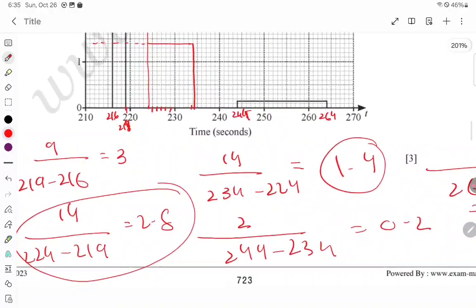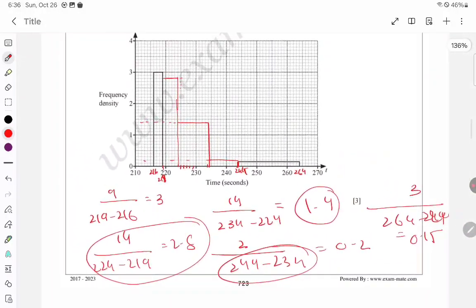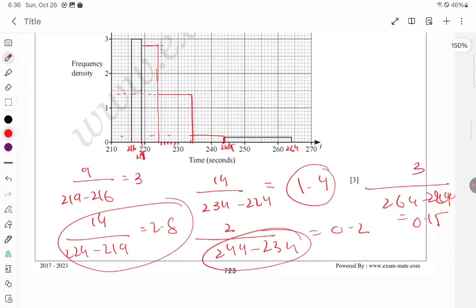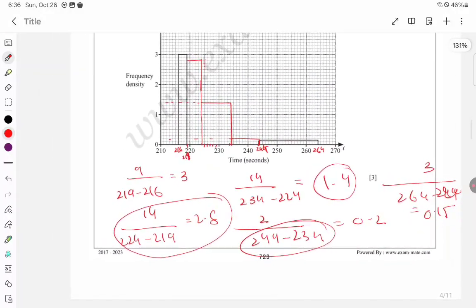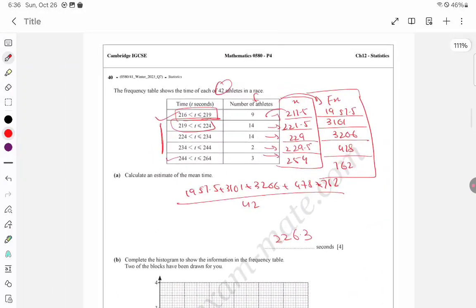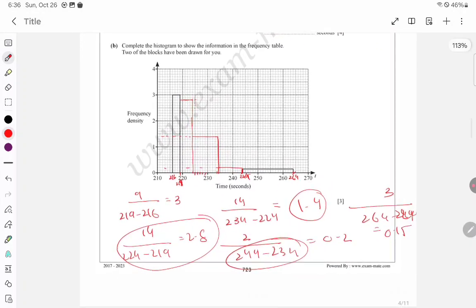Like for the 234 to 244, 0.2. Now for the last, I guess this is the range to 2. This is the end. This is the last value, and our histogram is completed for part B.